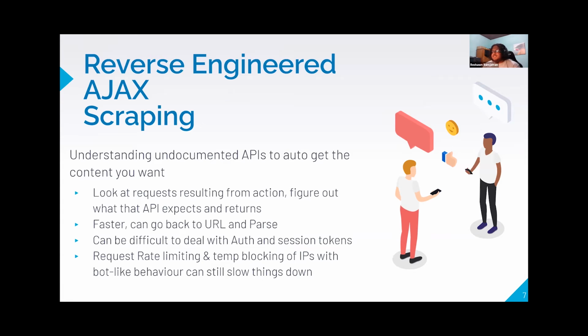So you're basically trying to understand what requests are happening in your browser at the time of using it, what API they're using, what information that API expects, and what information it returns. Because once you understand the interactions at that level, you can script it.